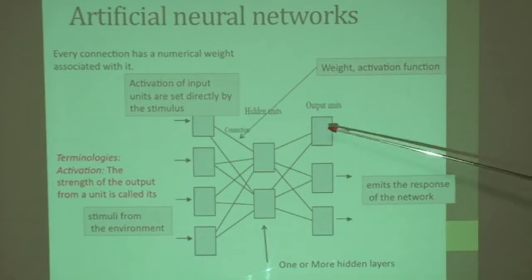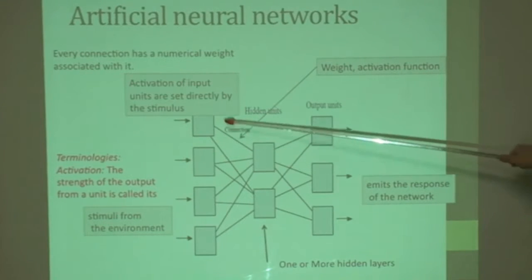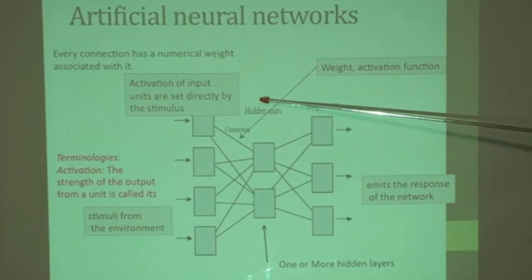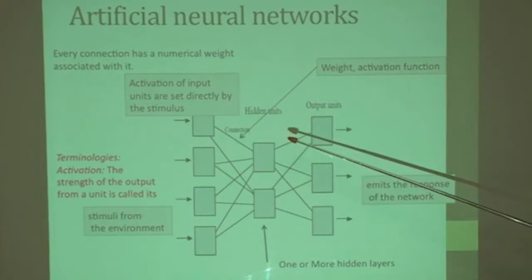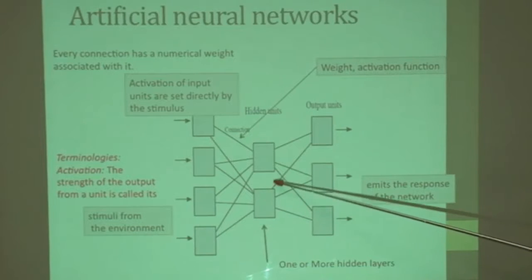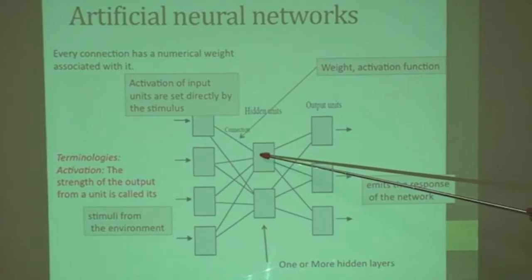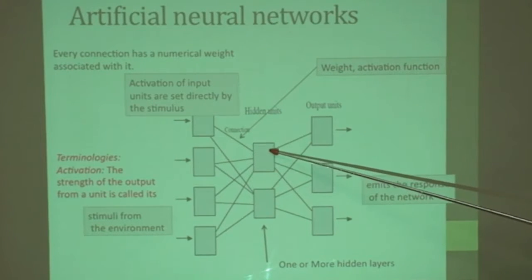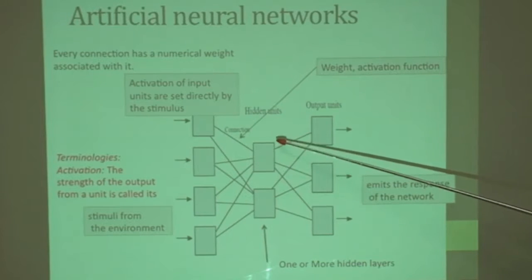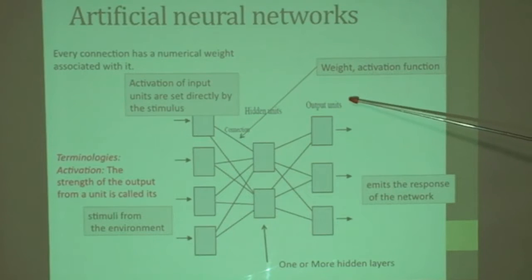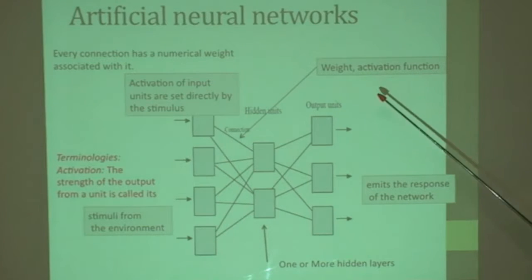And secondly, after the inputs are processed by the connections between the input layer and hidden layer, they will arrive in the hidden units in the hidden layer, and subsequently the signals will be processed by another set of connections between the hidden units and output units. And the output of the output units is the response of the whole network.